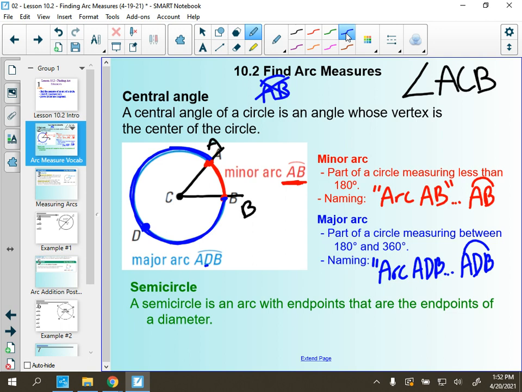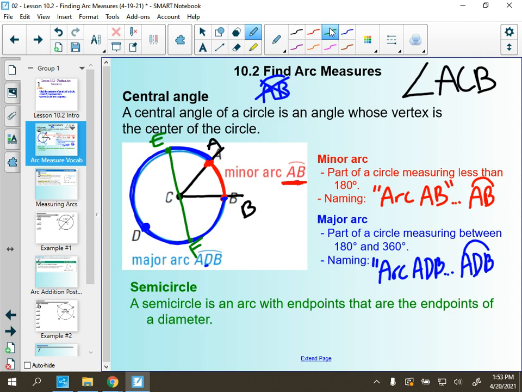The last part, one that you've seen and heard in other situations, we'll add on here. It's not a part of our picture yet, we don't really have one drawn, but a semicircle. So what did I just draw? Going back to the previous lesson, a diameter, right? If we pick up the lettering system, we've got A, B, C, D, E, F, so I've drawn a diameter EF. That's a chord that passes through the center of the circle. Essentially what I've done is cut my circle in half.